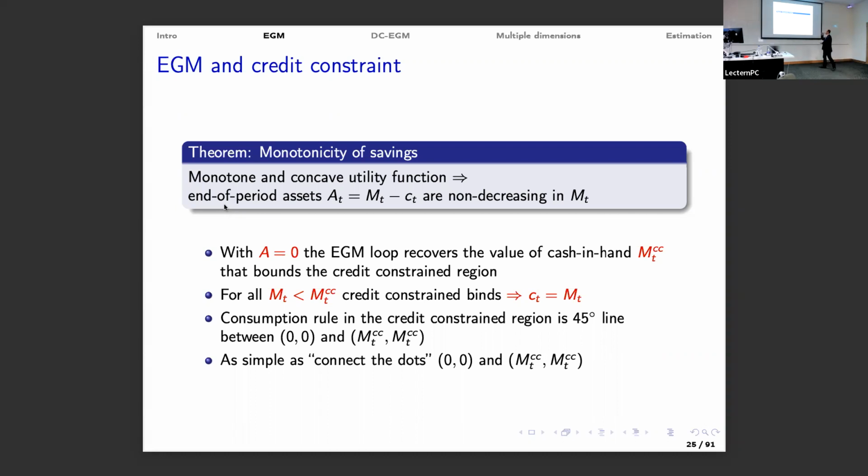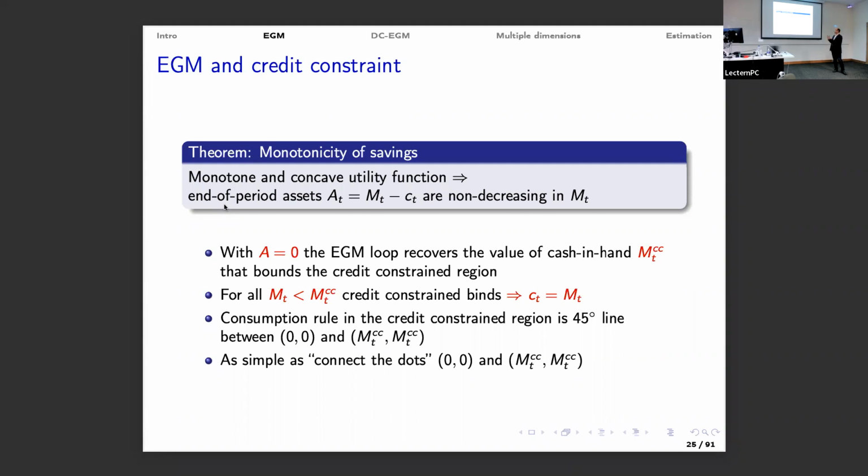But with the credit constraint, you cannot have negative savings. So the lower A is 0, and you can compute with A equals 0. You just perform the EGM step, and that gives you some value of wealth that corresponds to optimally not saving anything.